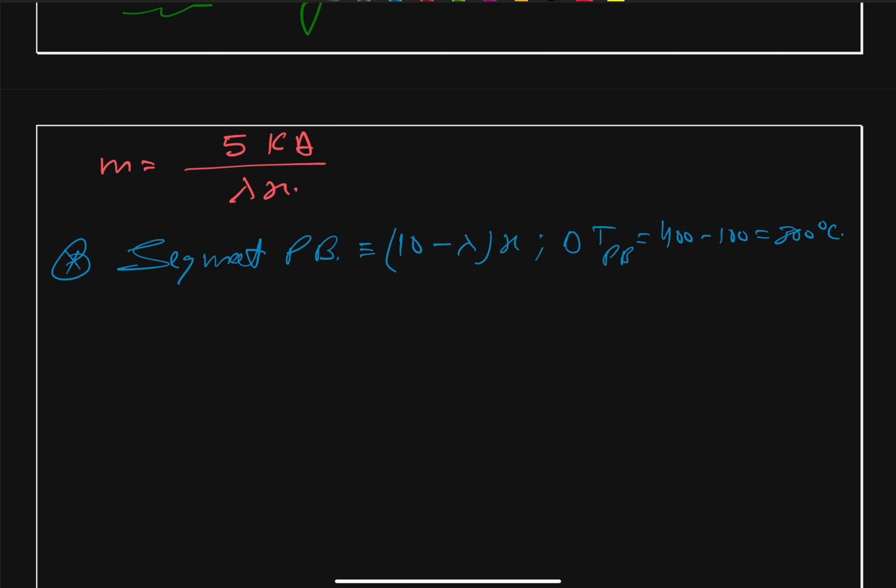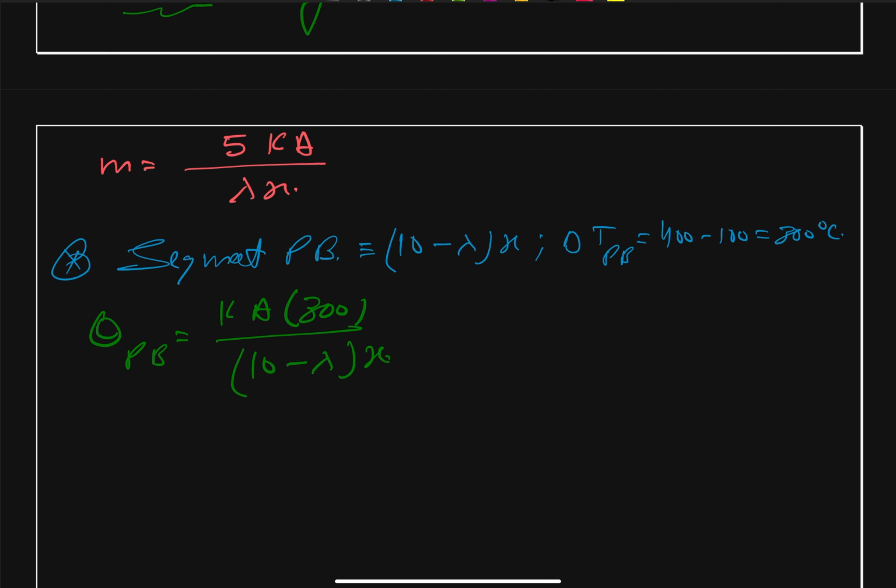Therefore, we can say our heat flow, Q PB, will be equal to KA, and the temperature difference is 300, and the length is 10 minus lambda times x.